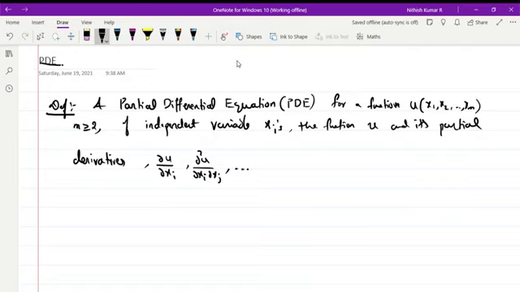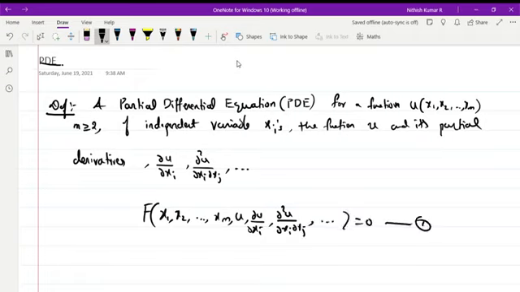So a partial differential equation is a relation of the kind F of x1, x2, and so on up to xm, and u, and partial derivatives of u with respect to the independent variable xi, equal to 0. Let's call this equation 1. In this there are only a finite number of derivatives occurring, and F is a known function of the independent variables xi, the unknown function u, and partial derivatives of u.